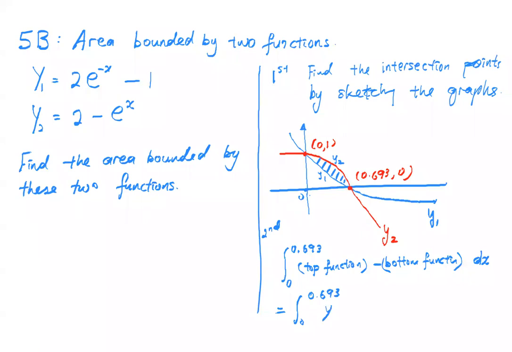So you do 0 to 0.693. Your top function is Y2, am I right? Take away Y1, dx. And you use your graphic calculator and get the answer. FNINT.